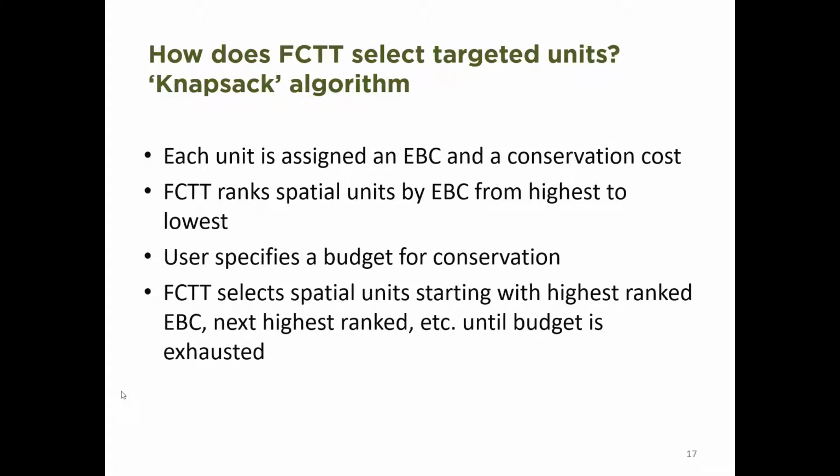That entails simply calculating EBC along with the conservation cost for each spatial unit in a user-defined study area, then ranking each of the spatial units according to its EBC, from highest to lowest. The user specifies a budget for conservation, and then the tool simply selects spatial units of analysis to be included in the set that are recommended for interventions, starting with the highest ranked one in terms of EBC, and then the second highest ranked one, and so forth until the budget is exhausted.